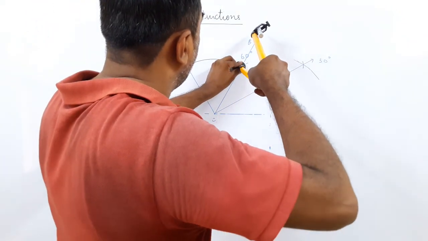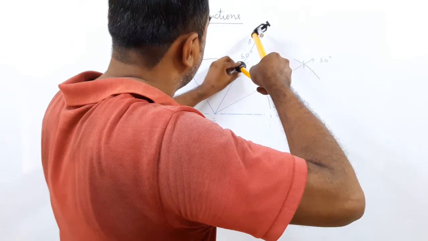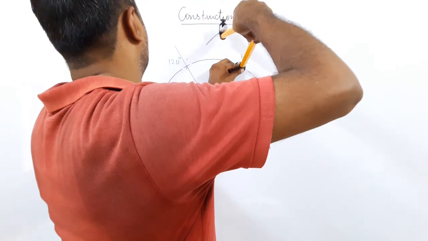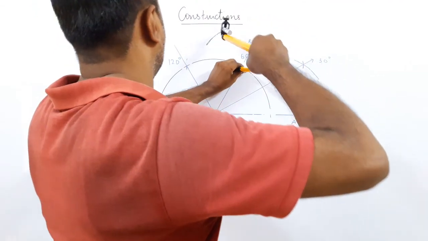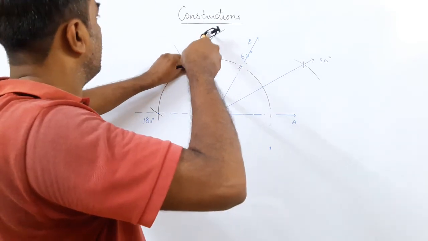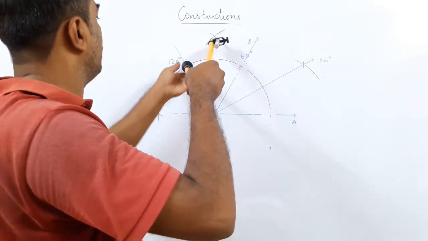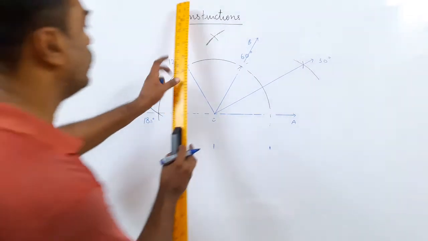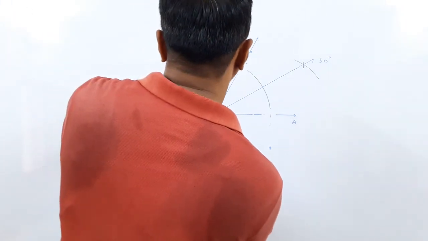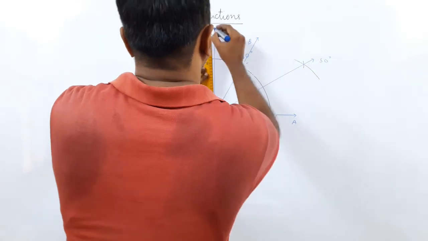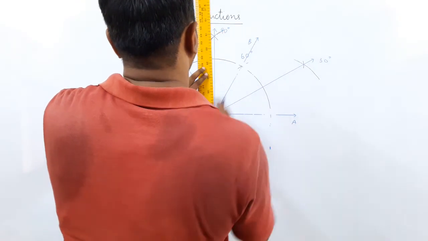At exactly 60 degree, I draw an arc with the same radius. At 120, I draw the arc, and the arc between 60 and 120 should give me my 90 degree.